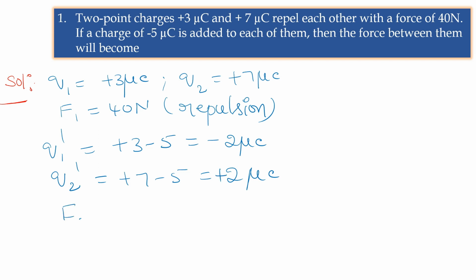Now we are calculating F2. According to Coulomb's inverse square law, F is directly proportional to the product of the two charges. So from this we write F1 by F2 is equal to Q1 Q2 by Q1 dash into Q2 dash.